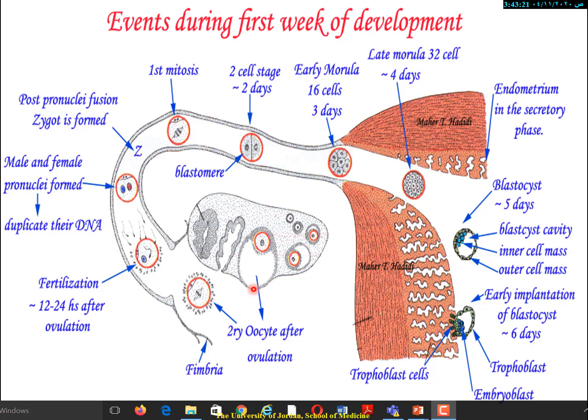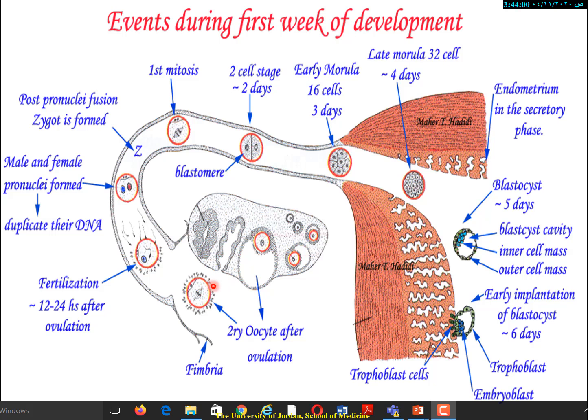on mid of that cycle, midday, mid of menstrual cycle means day 14 of this menstrual cycle, the Graafian follicle or the tertiary follicle would rupture under the influence, of course, of the hormone LH, and the secondary oocyte covered by zona pellucida, covered by corona radiata.